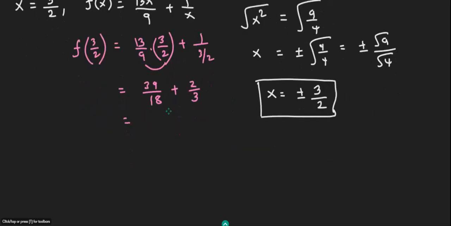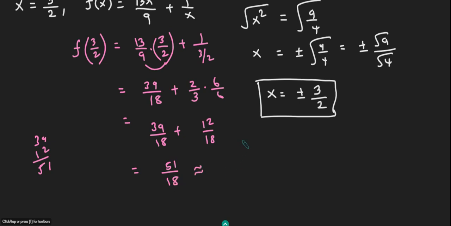We can simplify this. The common denominator is 18. So we should multiply and divide by 6. So we get 39 over 18 plus 12 over 18. This equals 39 plus 12, which equals 51 over 18. And this is approximately 2.833.